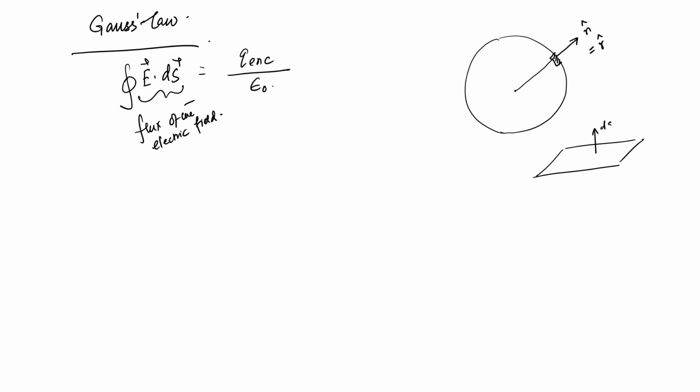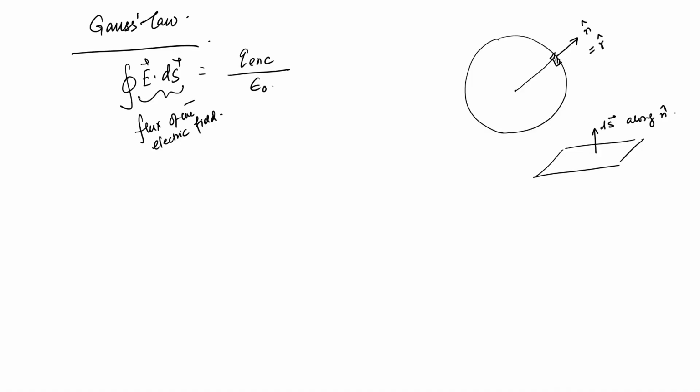So, dS is the vector which is along this n cap direction, the unit drawn normal, and E is also a vector which has a direction.